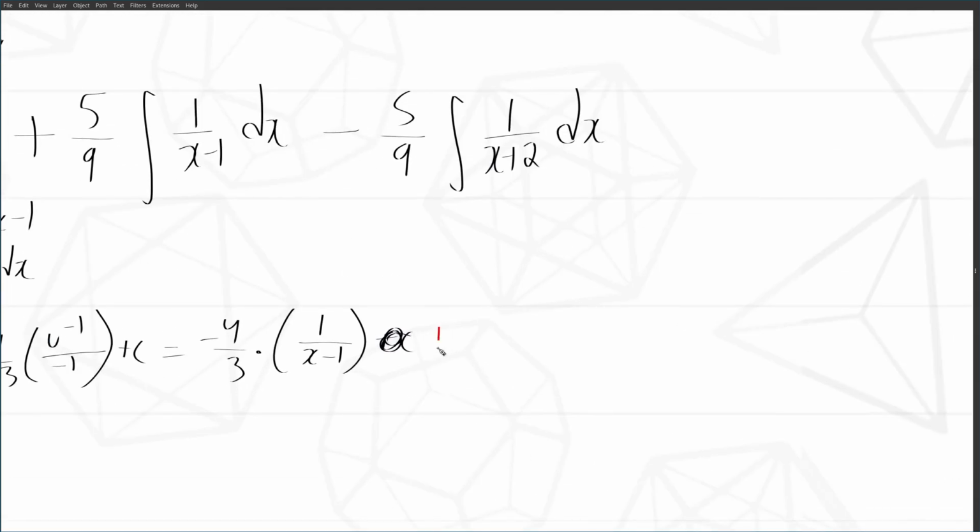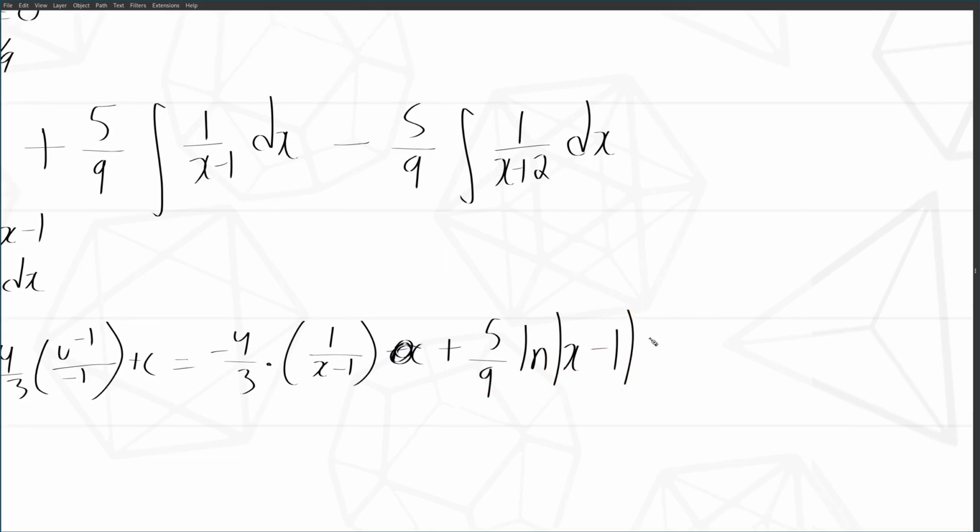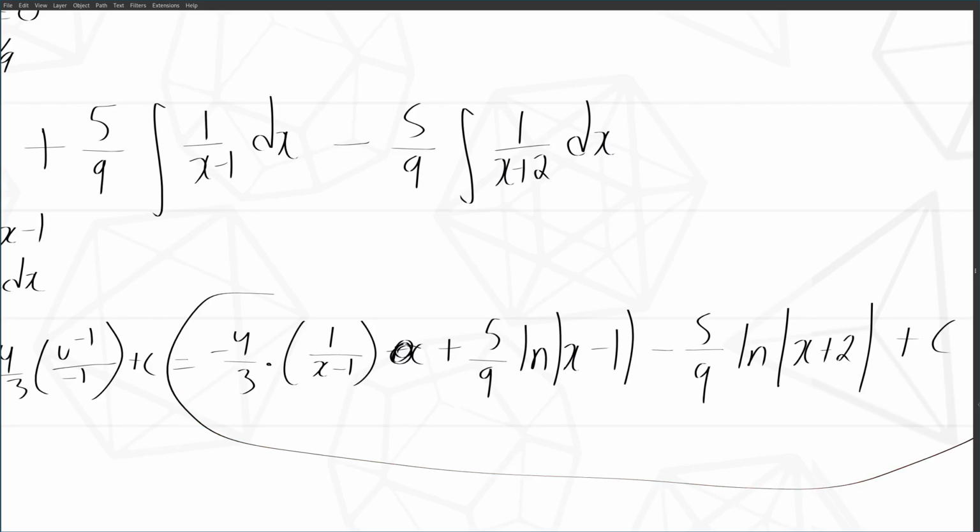Okay. Plus 5 over 9 ln x minus 1, and then minus 5 over 9 ln x plus 2, and finally plus c. That is our integral from there.